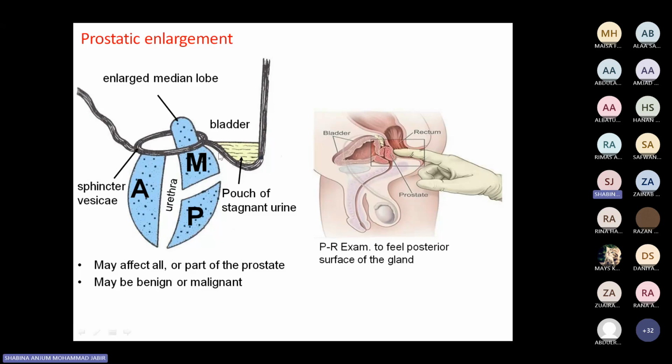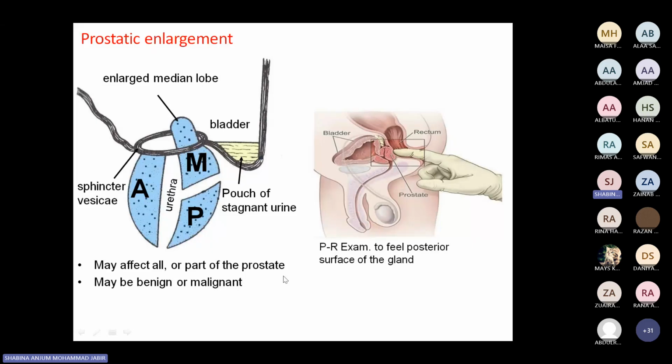Why? Because in chronic cases there will be formation of a pouch of urine which will not be able to clear, because there will be an enlarged median lobe. Another thing is that this stagnant urine will be the cause of infection. The person will present to you with repeated urinary tract infections. The prostatic enlargement may affect all or part of the prostate.